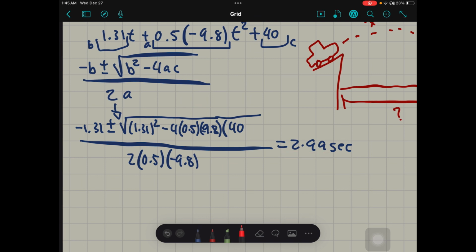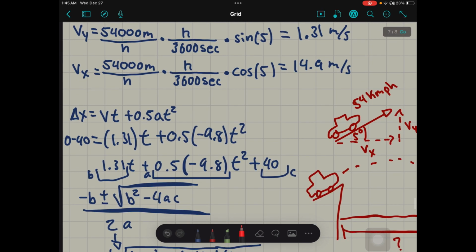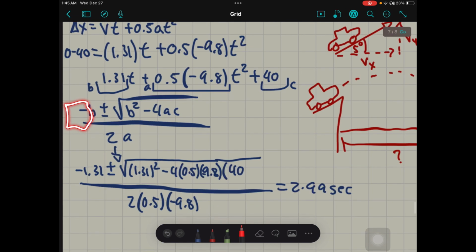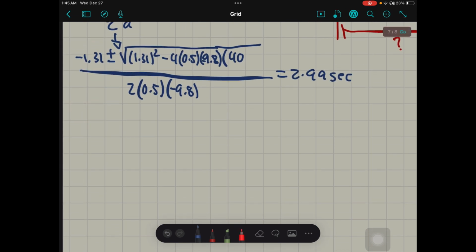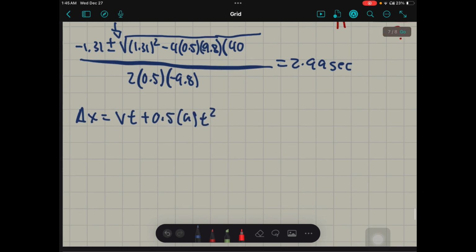Now we get to plug it back into this formula, and we can solve for our delta x. So I'm just going to go ahead and rewrite it. We have delta x equals vt plus 0.5 a t squared. Okay, so since we don't have an acceleration component for our x component, we can go ahead and cross that out. So now all we have left is the change in x equals vt.